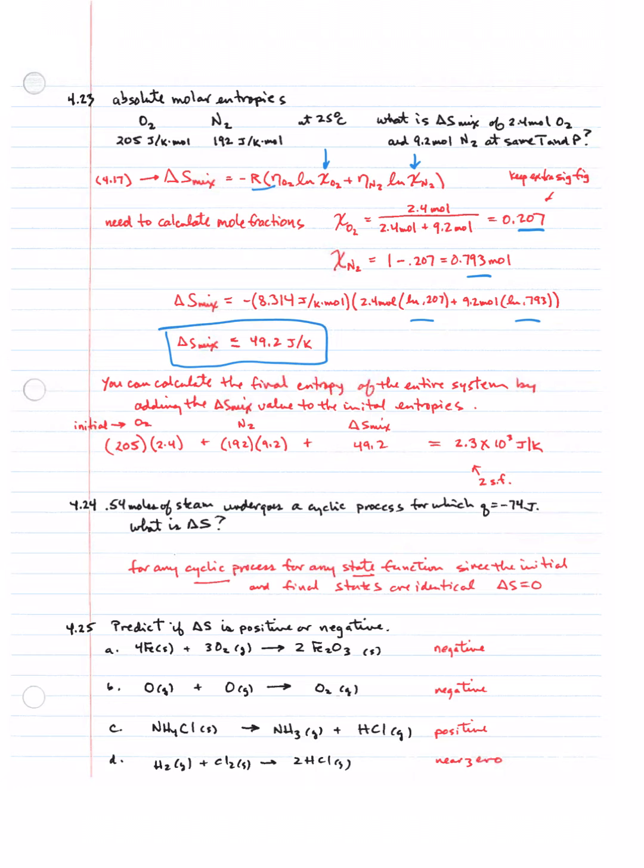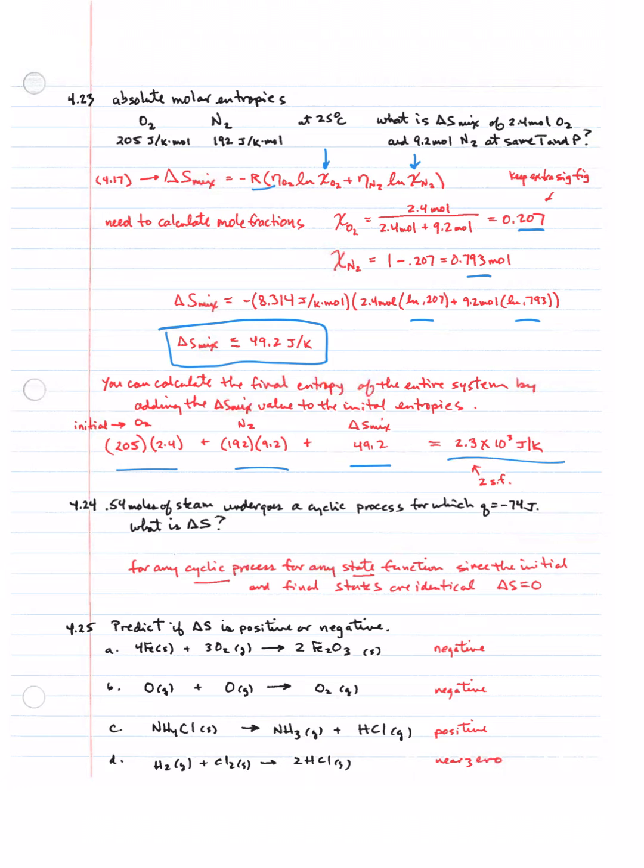That makes sense, right? When you mix together pure substances, the final condition is going to have more disorder than they started with at the beginning. So we fully expect that value to be positive. You can calculate the final entropy of the entire system by adding that term to the initial entropies. We had 2.4 moles of oxygen and 9.2 moles of nitrogen, and add that to the delta S of mixing term.